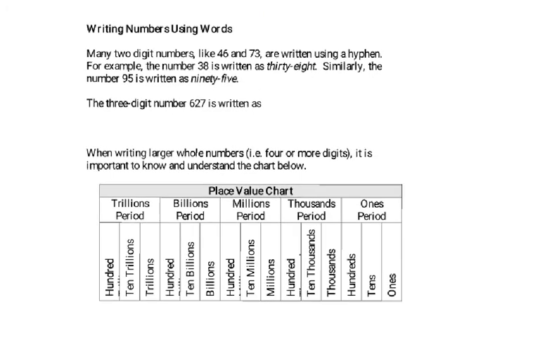Okay, so when we write the numbers using words, we use a hyphen for a 2-digit number. A number like 627 is written as six hundred twenty-seven. Some of you might be tempted to put an and in there, six hundred and twenty-seven.